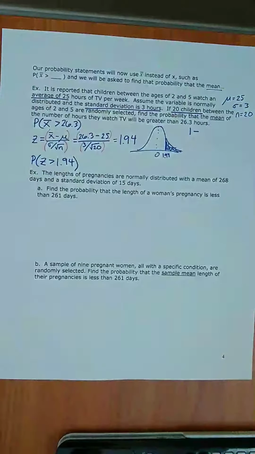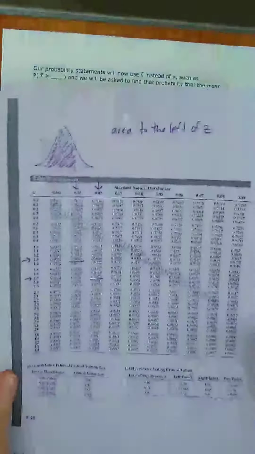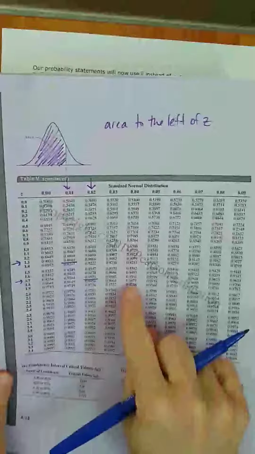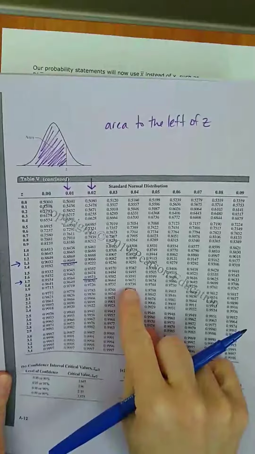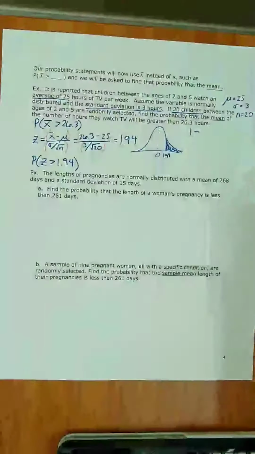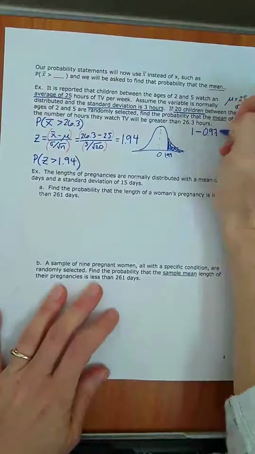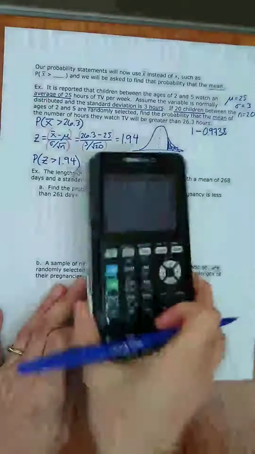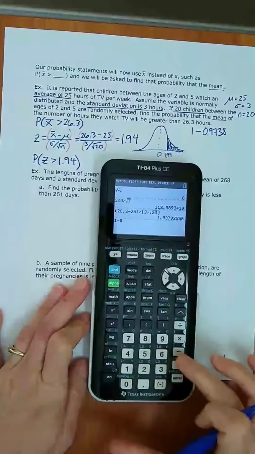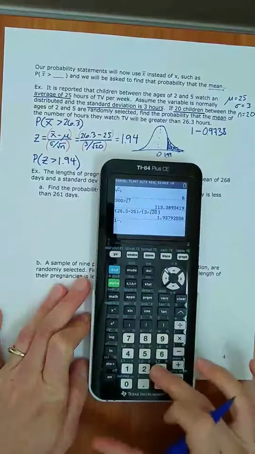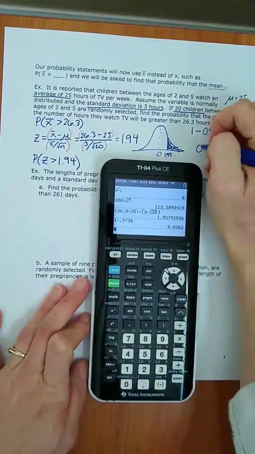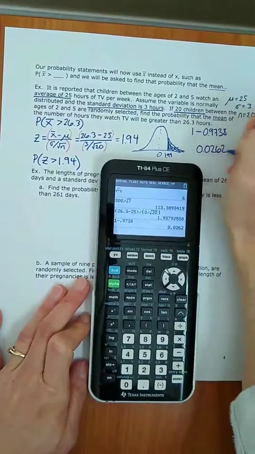So 1.94 gives us an area of 0.9738. So our area or our probability for this answer will be 0.0262.